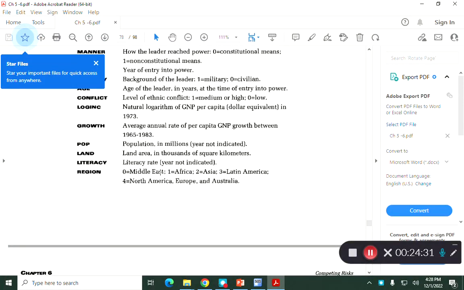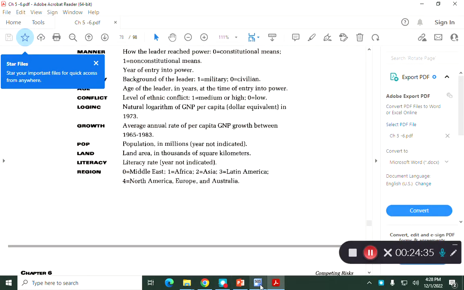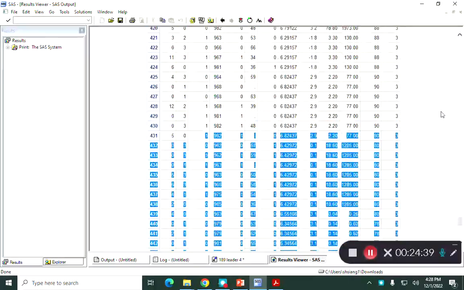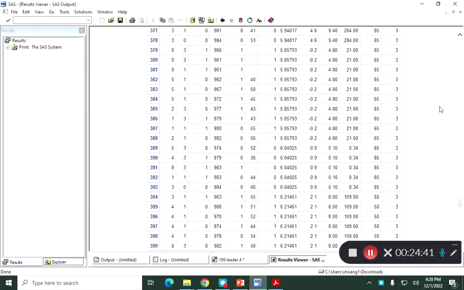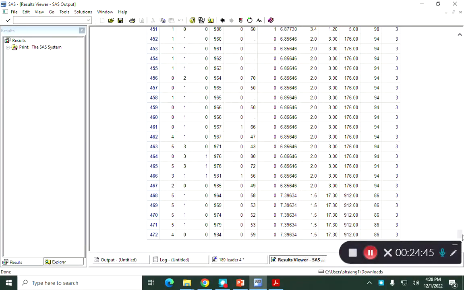Region. Yeah, I should have 0, 1, 2, 3, 4. Four regions. How come only 3 are left? Oh, the data only provides 3 regions.